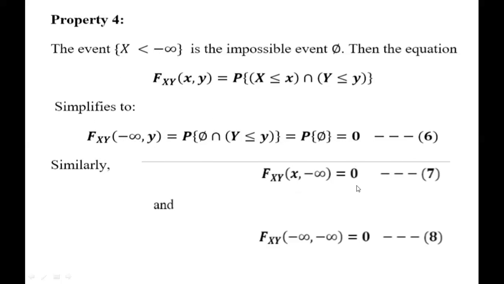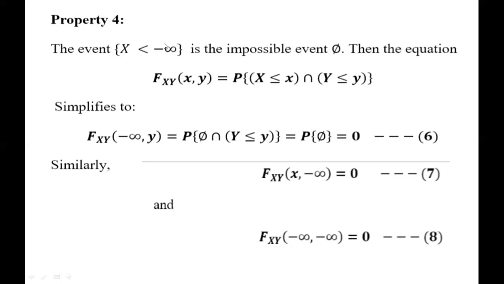If one of the random variables happens to be an impossible event or null event, represented by phi, then the CDF of such an event is equal to 0. And also, if both the random variables are impossible events, what do we mean by an impossible event?